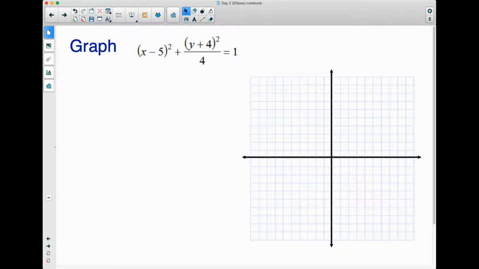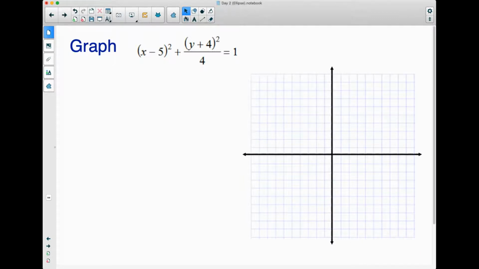All right. So what's my center? Now, something I would keep in mind too, which I made this mistake teaching the other day, is to put a C for center.